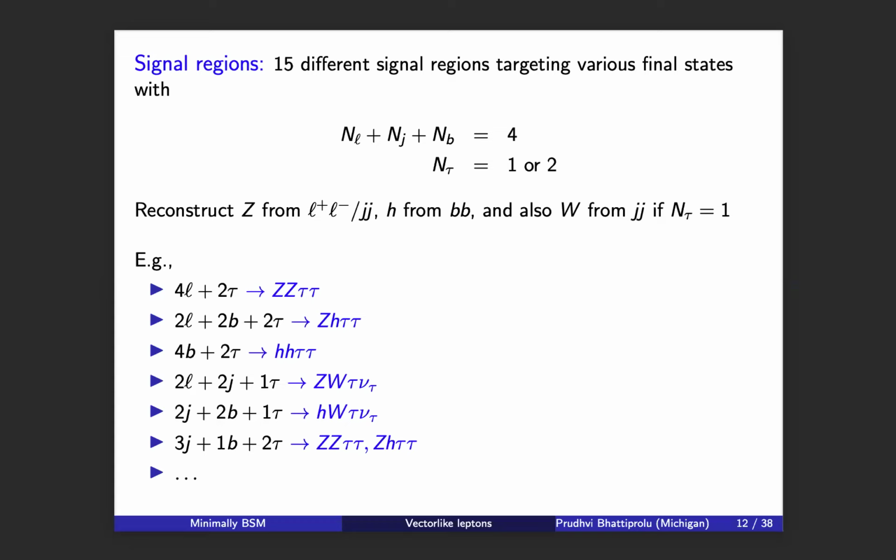But can you reconstruct the tau if it's partly going missing? Yes, you can. You can use the collinear approximation, because if the taus are very, very boosted, then you're guaranteed that the neutrino that is emitted is almost collinear with the direction of the tau. With that assumption, you can solve for the missing fraction.